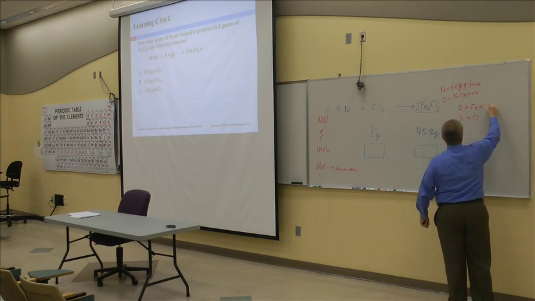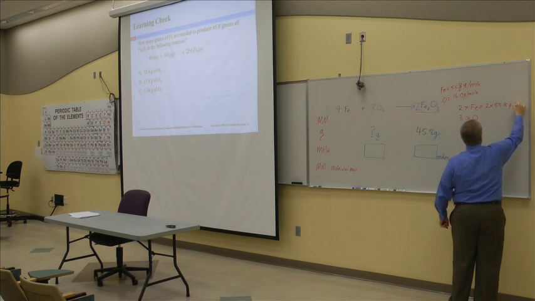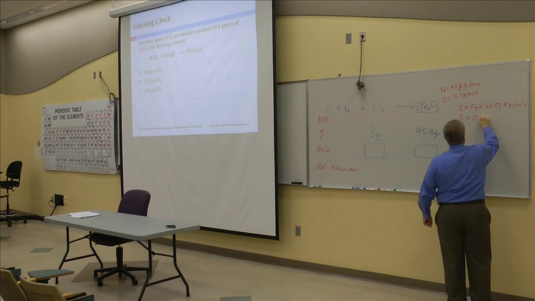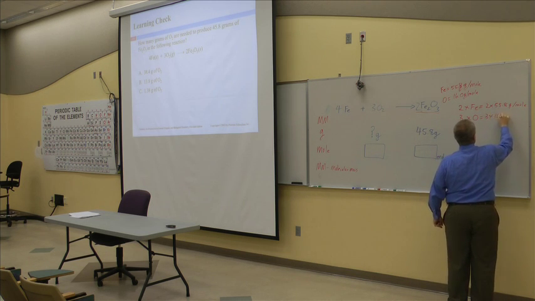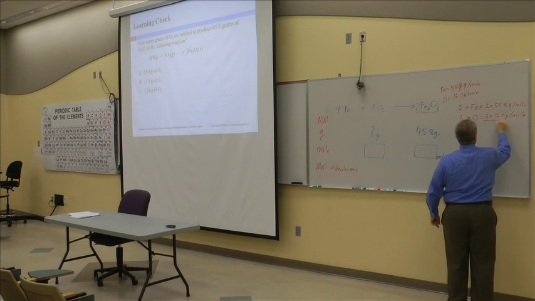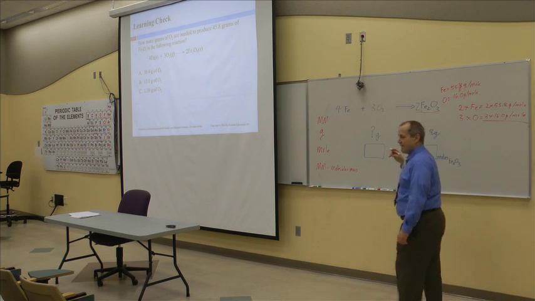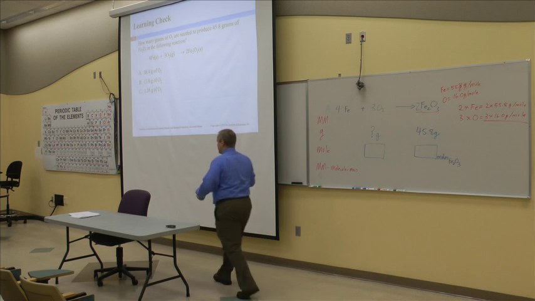So 2 times Fe is 2 times 55.8 grams per mole, and 3 times 16.0 grams per mole, for a grand total of, anybody? Anyone have it? I'll grab my calculator, no one else has one. There's always a fight.